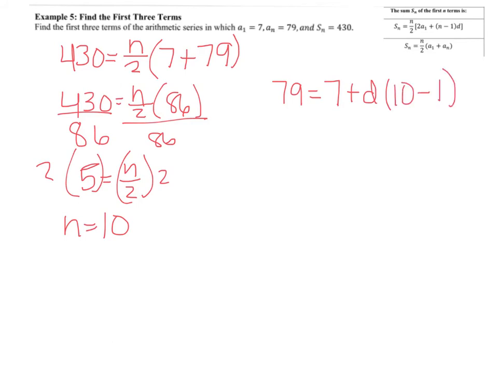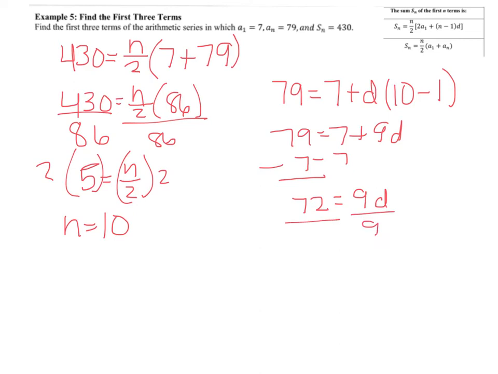So here, if I go ahead and simplify, I'm going to have 79 equals 7 plus 9d. I can subtract 7 from both sides, so I end up with 72 is equal to 9d. And then I can divide both sides by 9, and that's going to give me d is equal to 8.